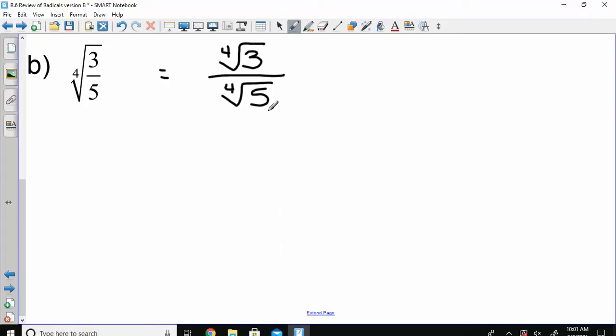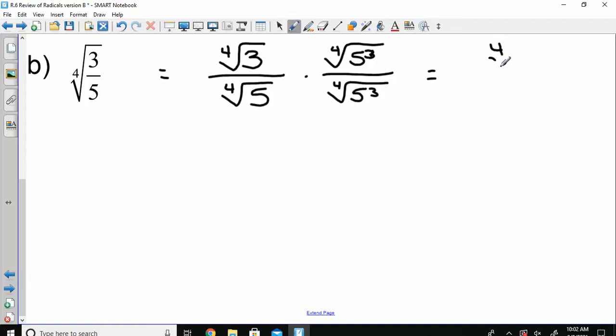If I want to get this radical off the bottom, what will I have to multiply by? The 4th root of? I currently have 1 5. In order for this radical to disappear, I need a group of 4, so I need 3 more. So you can write 5 to the 3rd, or you can do 125, they're equivalent.